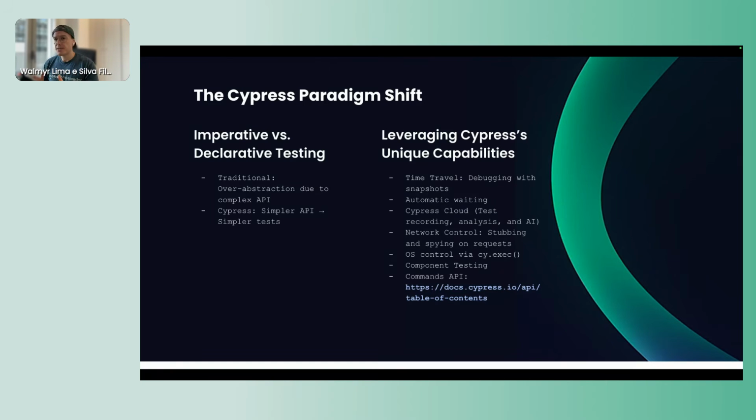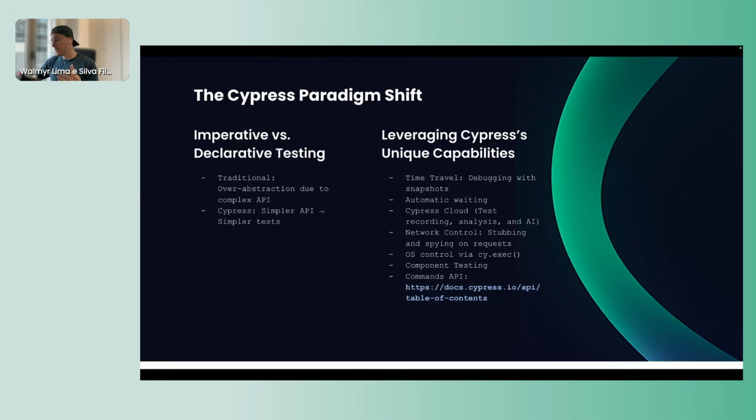When I saw Cypress, I thought to myself, this is different. They thought really well about the API that they expose to the world so you can be productive writing tests. While other tools, and I am telling you with the experience of someone who has written tests with other technologies, didn't have very easy to understand APIs.